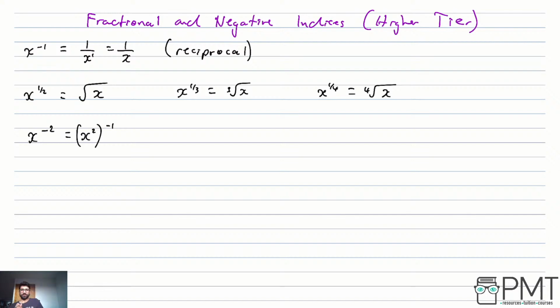So here comes where you should be really combining what you know from before with the idea of the reciprocal. The most important thing to remember is that x to the minus 1 is the reciprocal. So applying that idea here, instead of just 1 over x, you're going to say, oh, this is 1 over x squared.